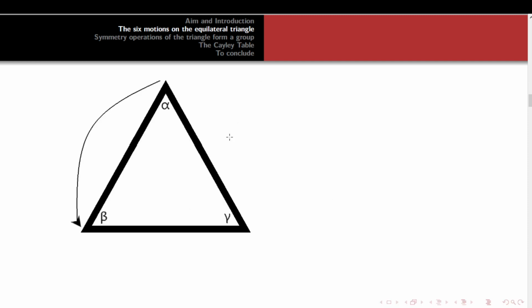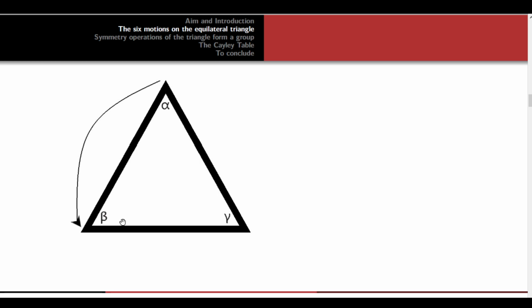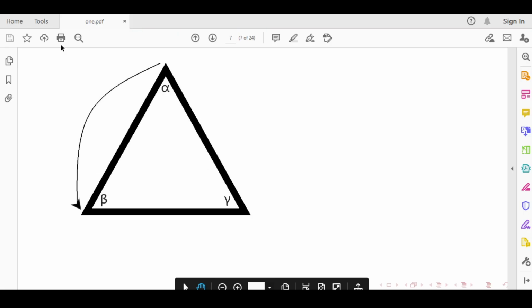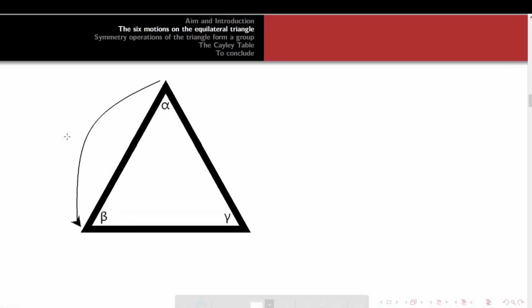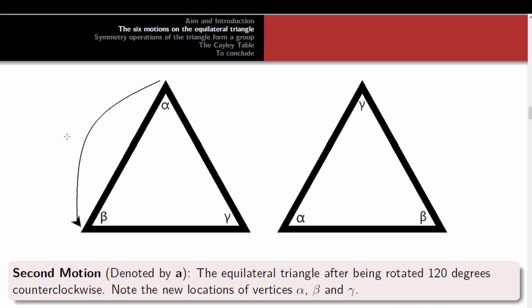Now you're going to get the second motion. The second motion will be rotating the equilateral triangle about 120 degrees. So that means you're going to rotate the equilateral triangle counterclockwise like this, 120 degrees. So when you have rotated it, you get the change like this.